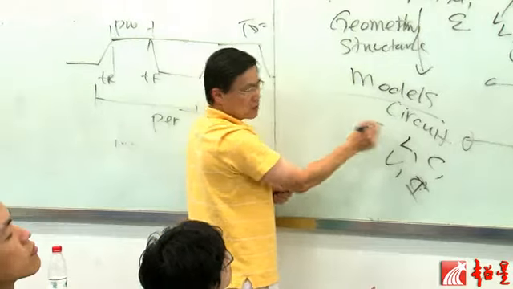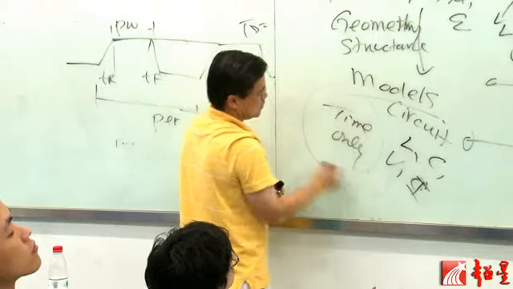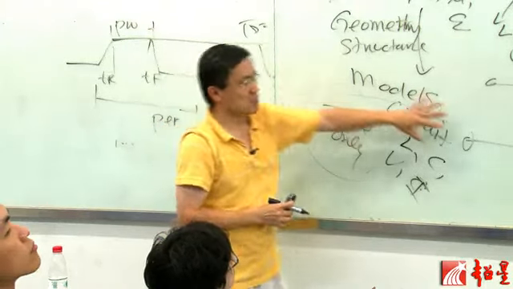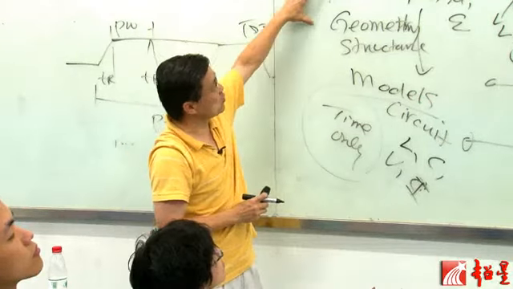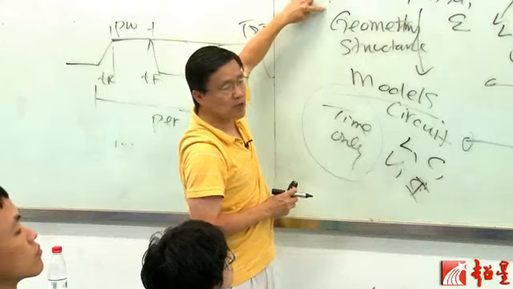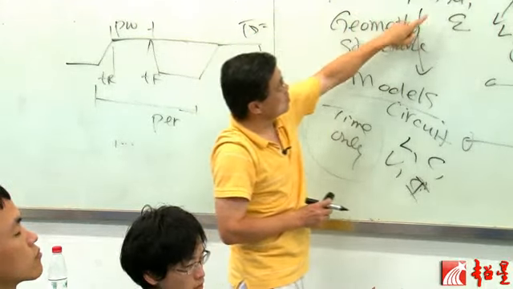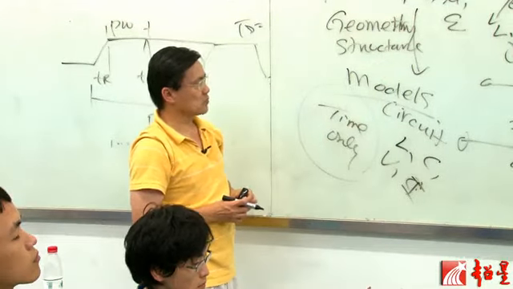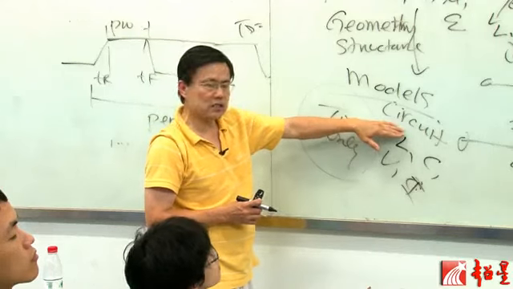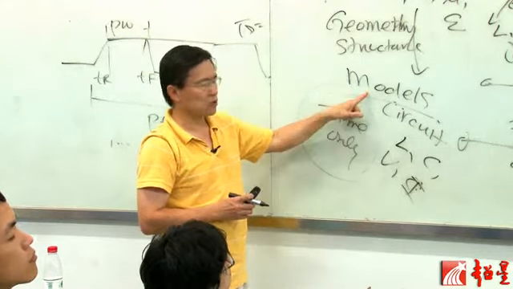But in circuit, it's time only. You don't see space when you do circuit simulation, but when you do field, you have to worry about both space and time. Geometry, structure, material properties, and then field propagation. So that's why circuit is much easier to deal with, but circuit is a model of the field.